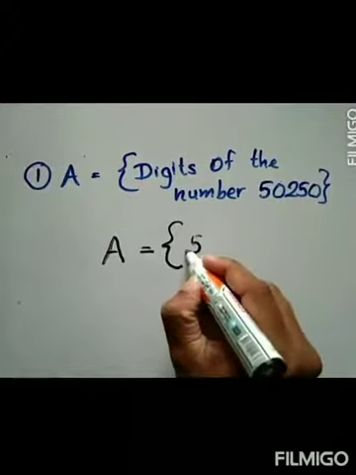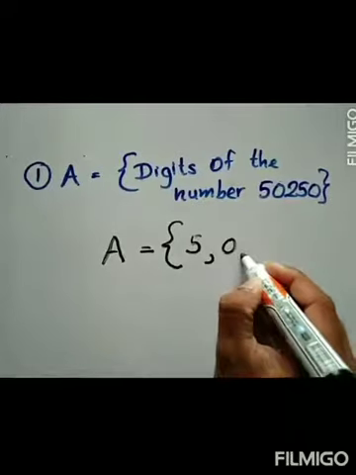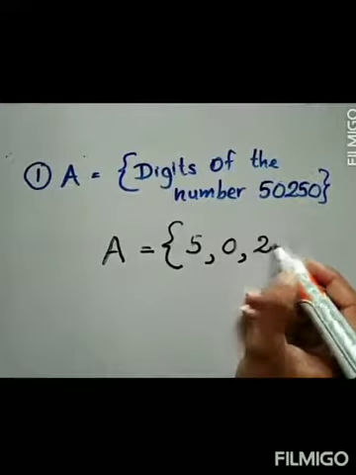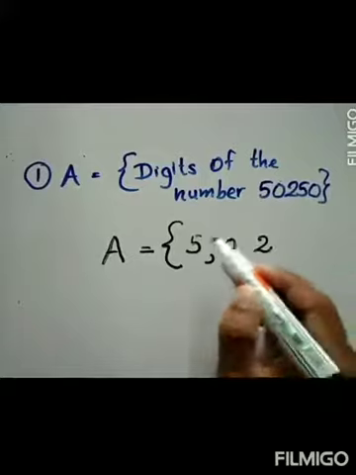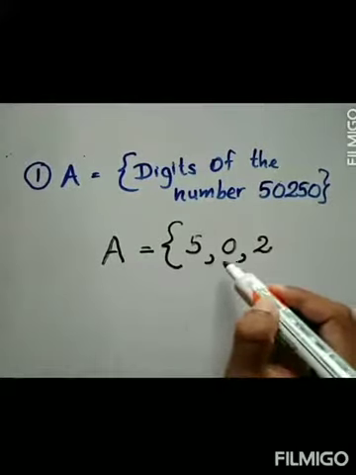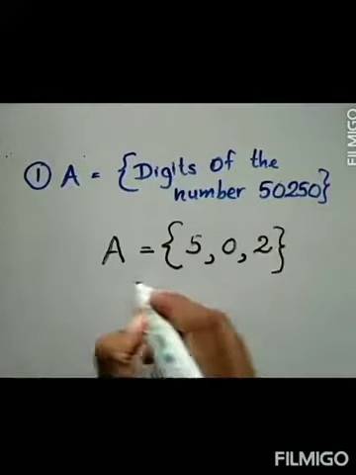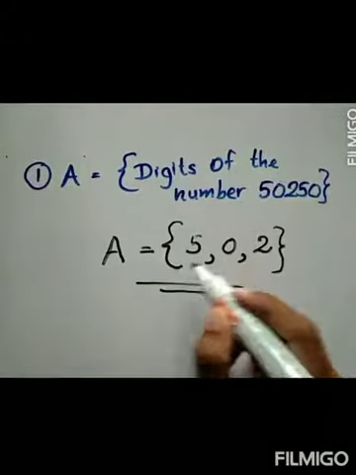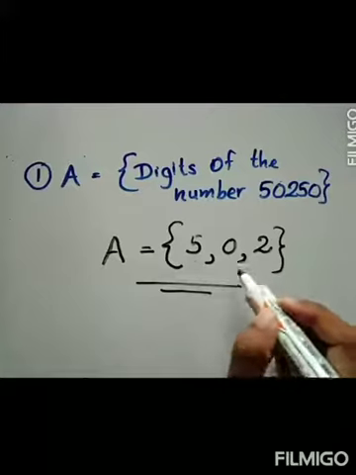Then 5 0 2. You need not write 5 again and 0 again because 5 and 0 are already mentioned here. Therefore the answer is A equals, inside curly brackets, 5 0 2.